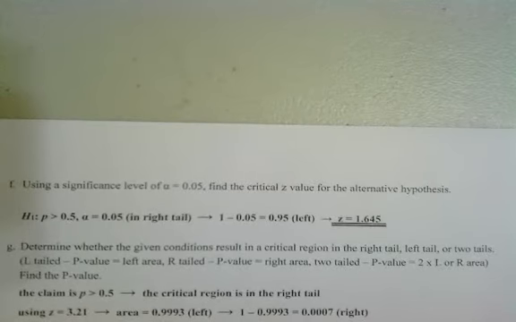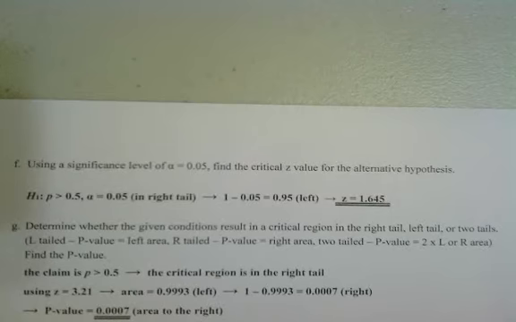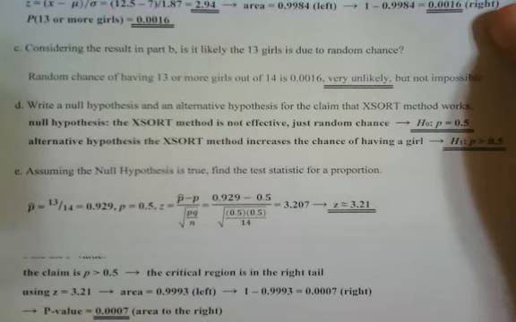If we were using the test statistic, 3.21, so we're not doing what we just did up there. We're using this 3.21. That was the test statistic that we had just found. Let me go back to the previous page. Okay, so here's what we're doing. We're using that test statistic.